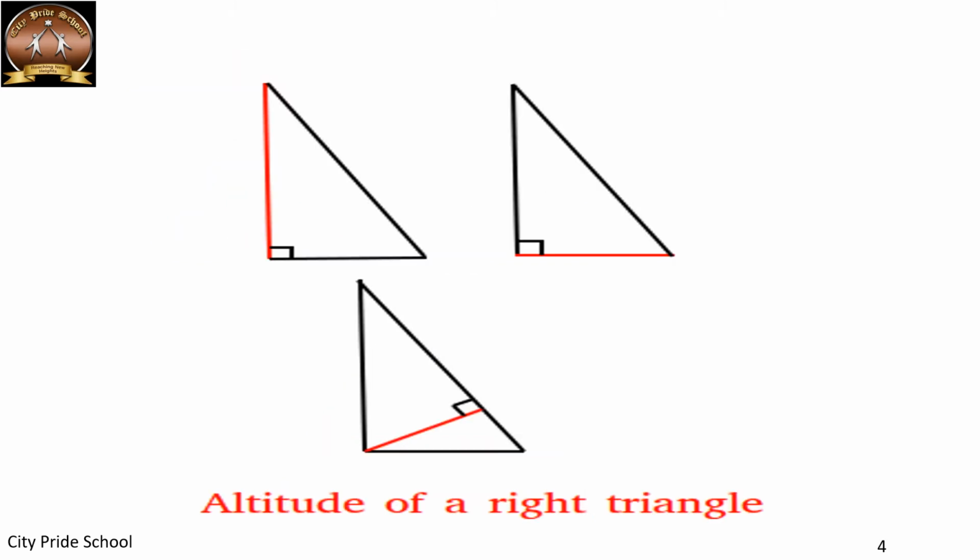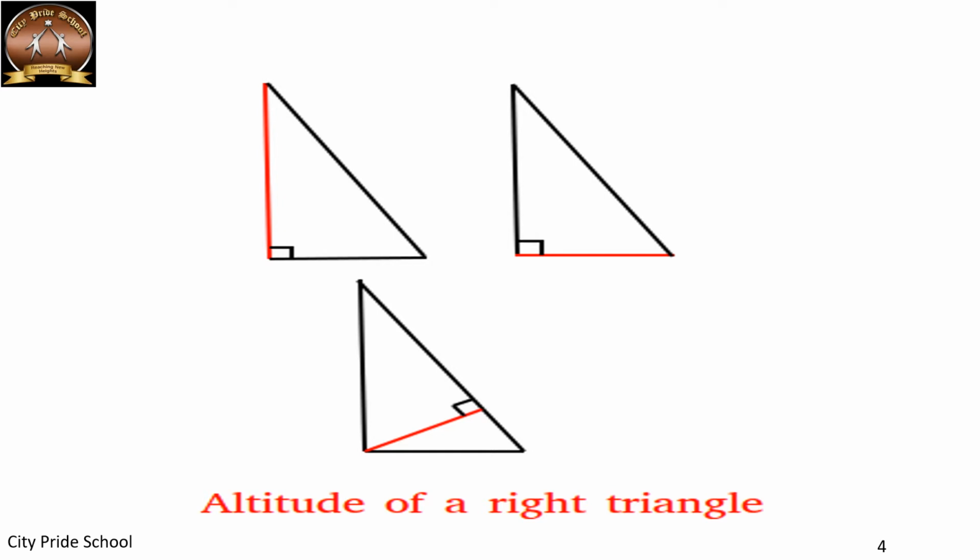Now let's have a look towards right angle triangle's altitude. See altitude of a right angle triangle. Can you see this diagram neatly? Observe this diagram neatly and see which are the altitudes of a right angle triangle. The sides which are making right angle itself are altitudes over here, as you can see in this diagram.